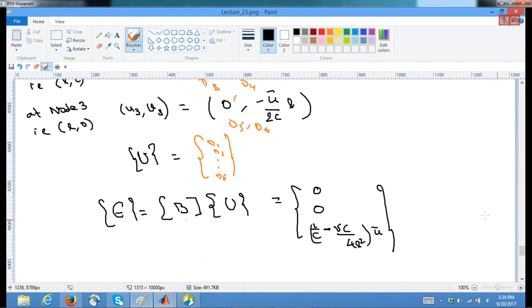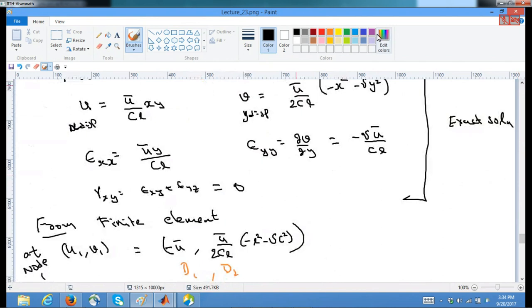Now if I compare the strain with respect to this at the same locations, you will see it is quite different. This is the expression for epsilon x, so I don't have to substitute it. So this is the expression for epsilon x, epsilon y.